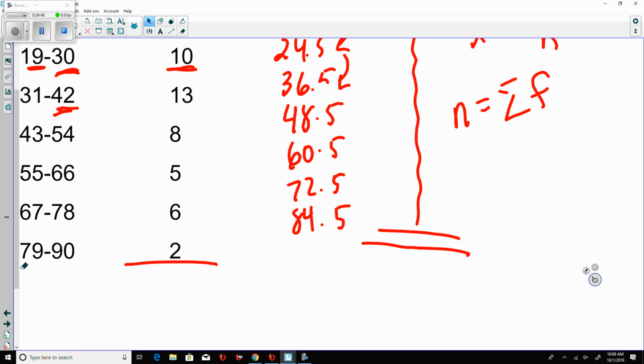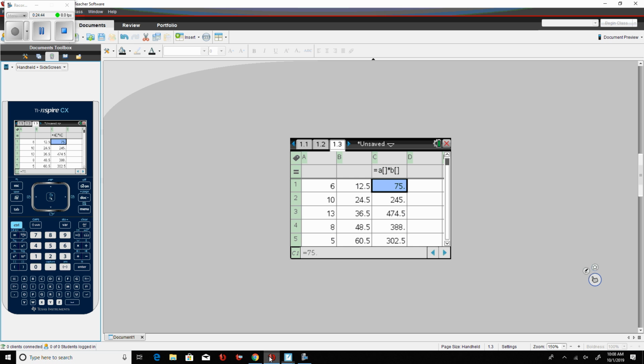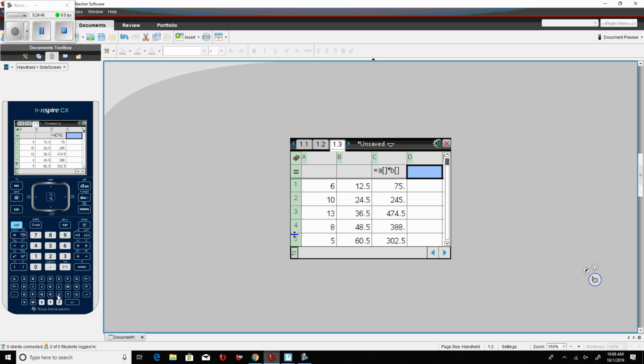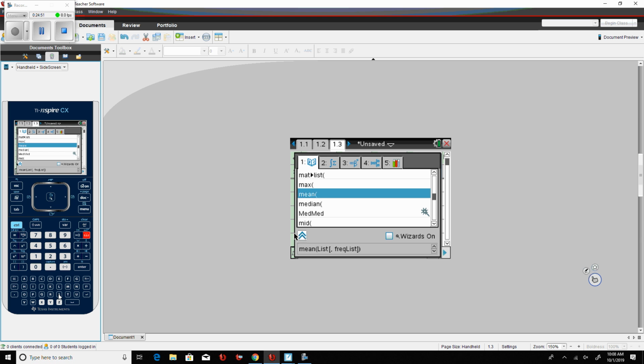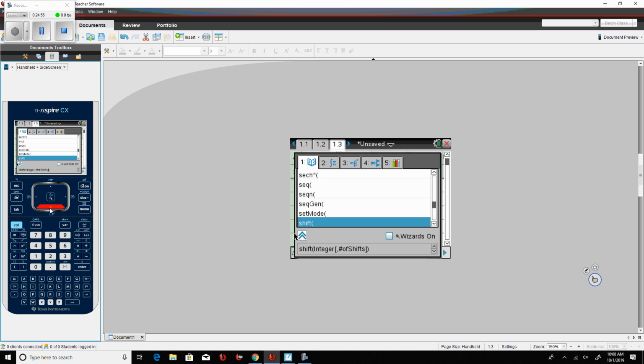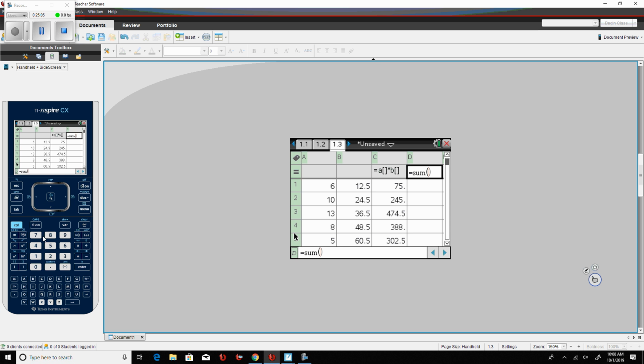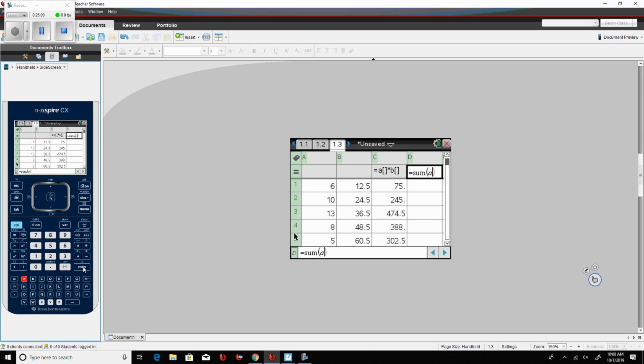So the summation of f is column A. So I go to my calculator, and I can go to catalog S. You guys got to pay attention. Catalog S. I usually go to T and go up. Okay, so sum, there's a summation, but I go to sum, enter, catalog is above the division sign. And you put sum of A, enter, is 50.